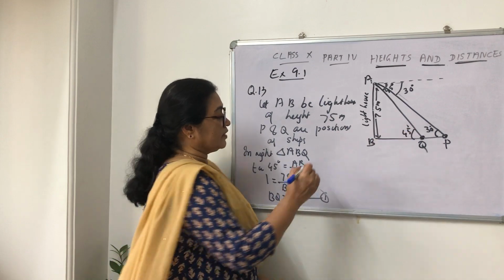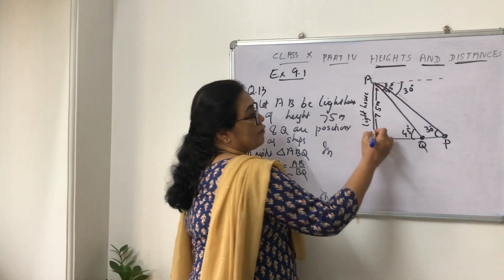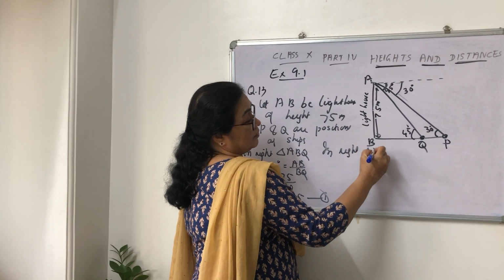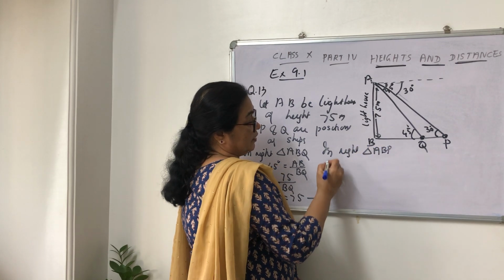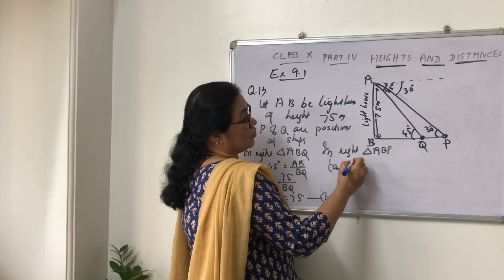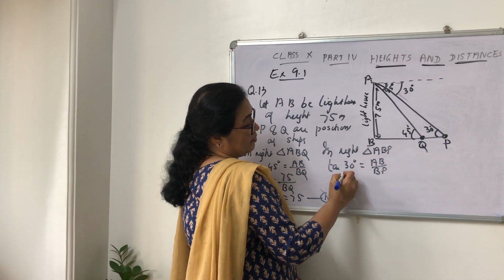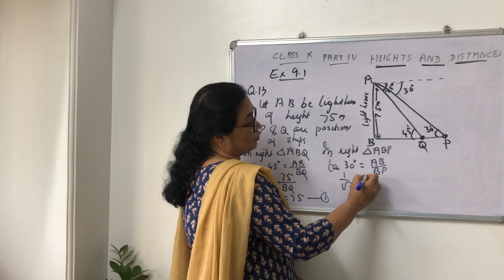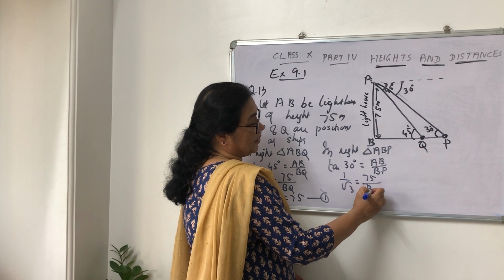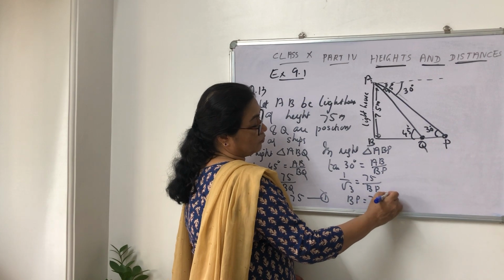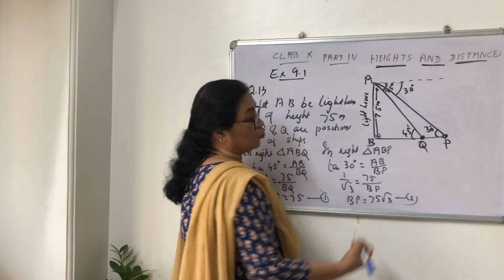Now we take another right angle triangle ABP. Tan 30 is equal to AB by BP, 1 by root 3 equals 75 by BP. So BP is equal to 75 root 3. This is equation 2.